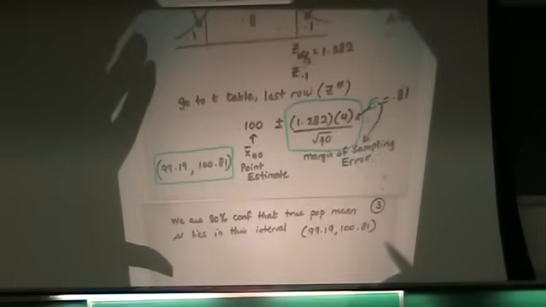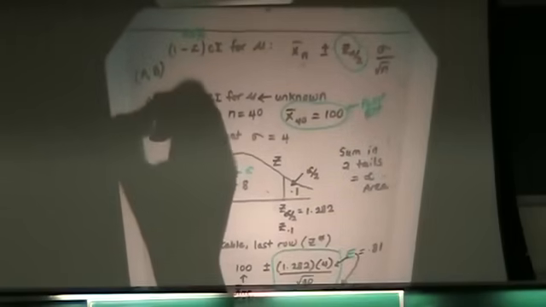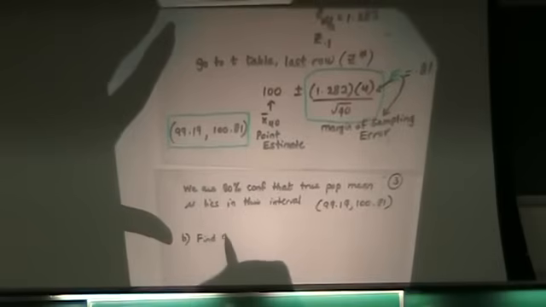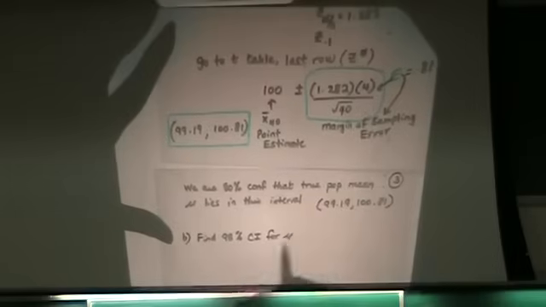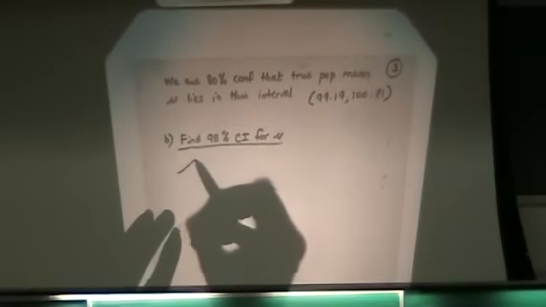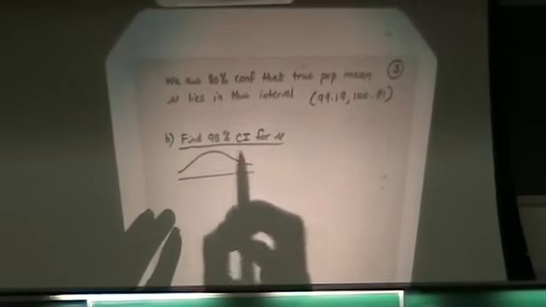If I wanted to do a part B, let's call this part A, and let's say that part B says find a 98% CI for mu. All the numbers are the same. All the givens are the same. Look at what changes. Take the 98, stick it in the middle.